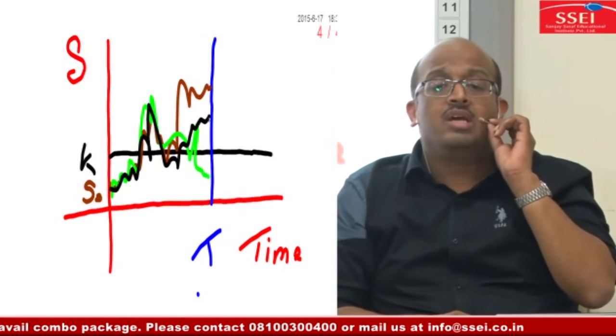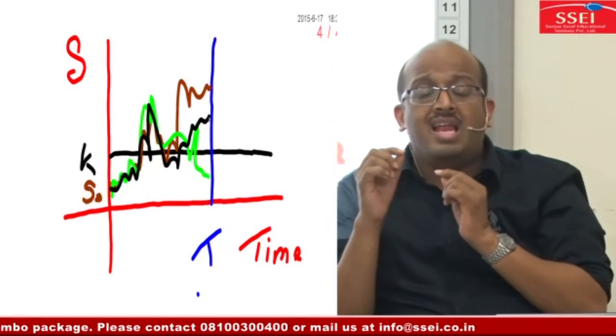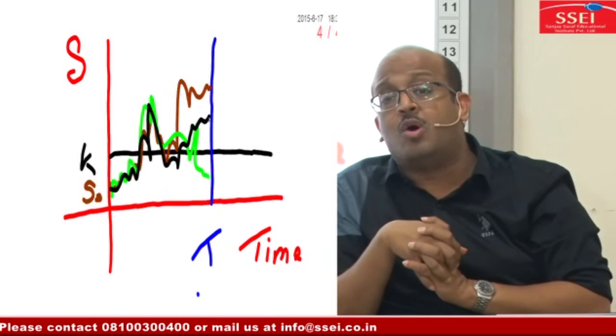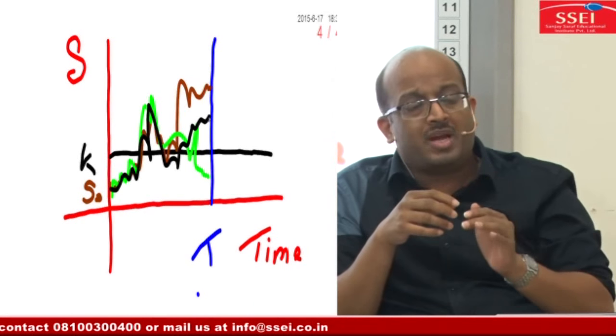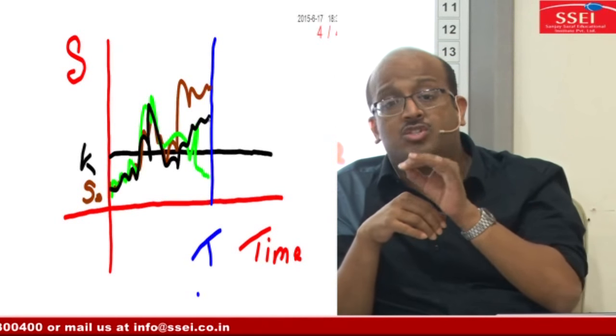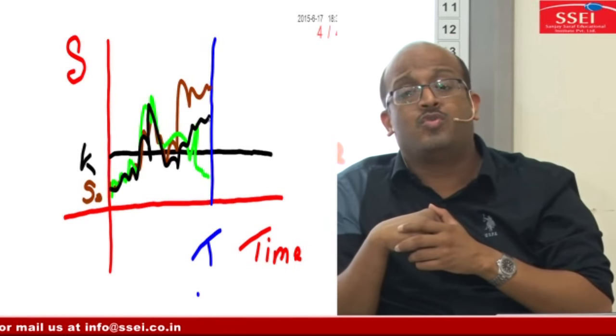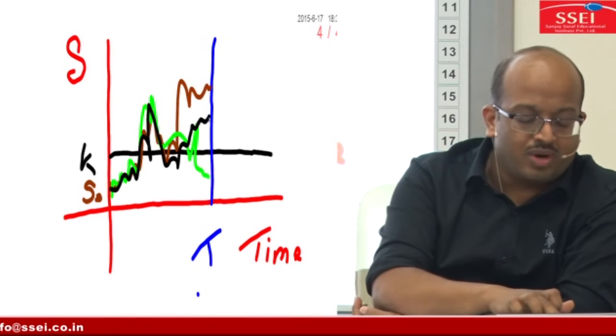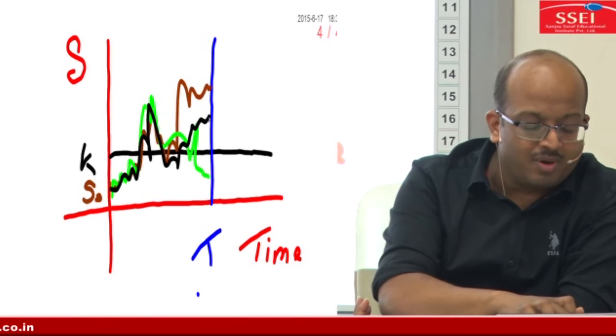You know the meaning of it? It means that the natural log of the stock price follows normal distribution. Stock price is log normally distributed, which means that the natural log of the stock price, ln S, follows what distribution? Normal distribution.